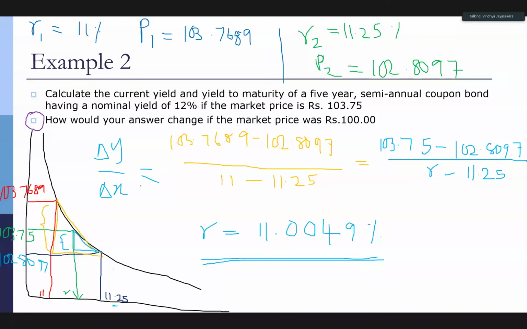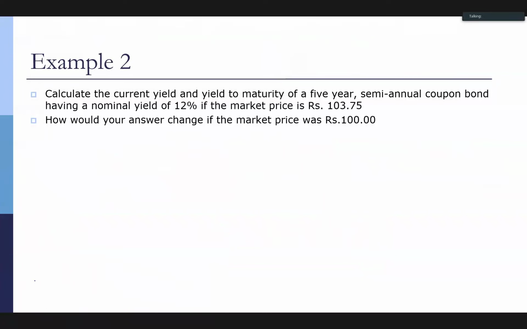So current yield and yield to maturity. Nominal yield is already given to you all.